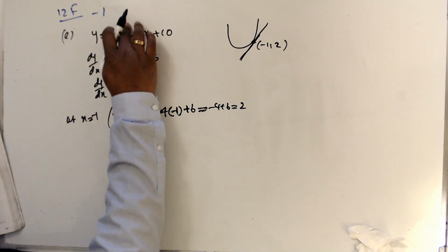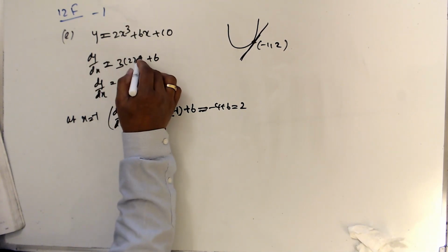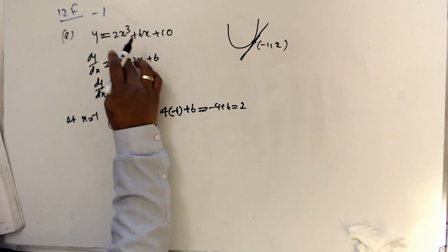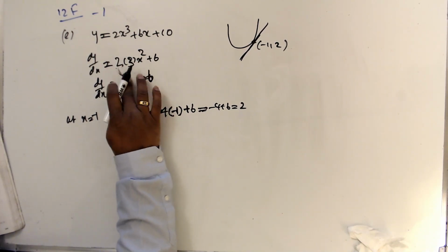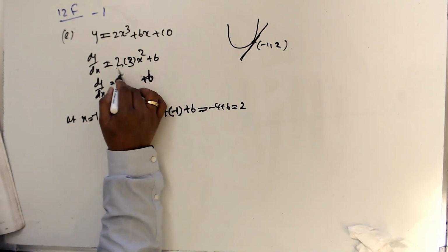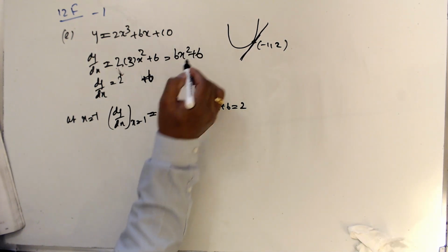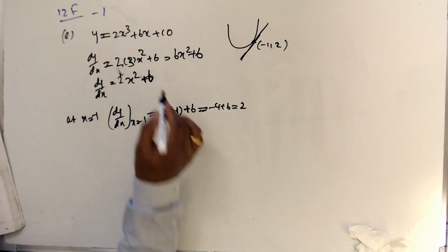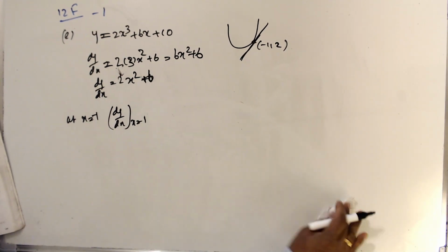I think this is x cubed. So then this is going to be 3x squared. Then 2 times 3 is, this is going to be 6x squared plus 6. Yeah, 6x squared plus 6. Now I have to rework this one.